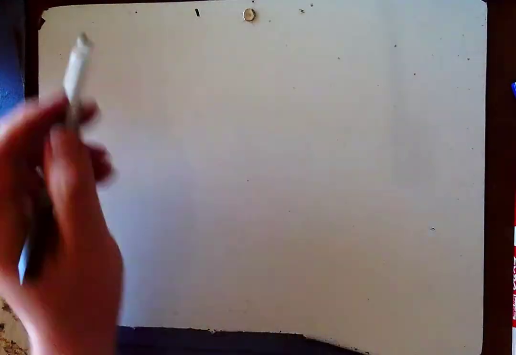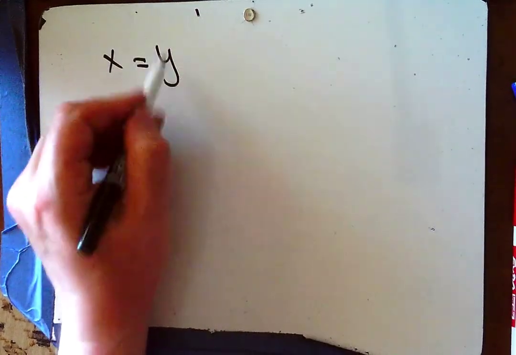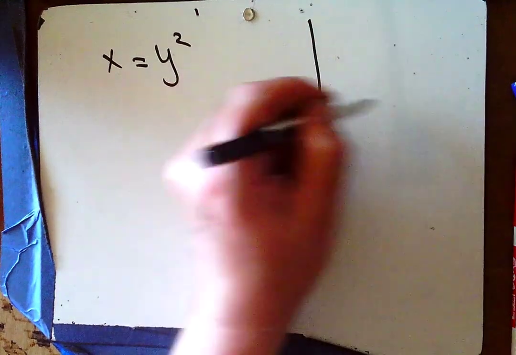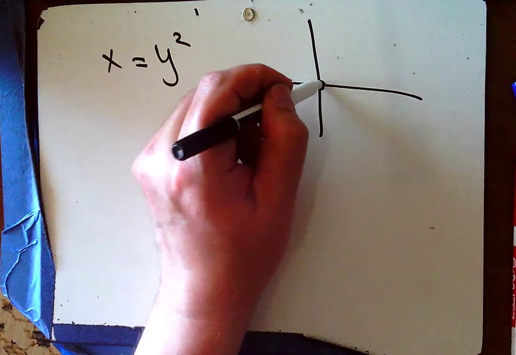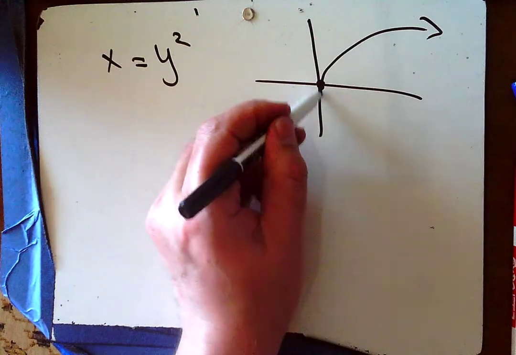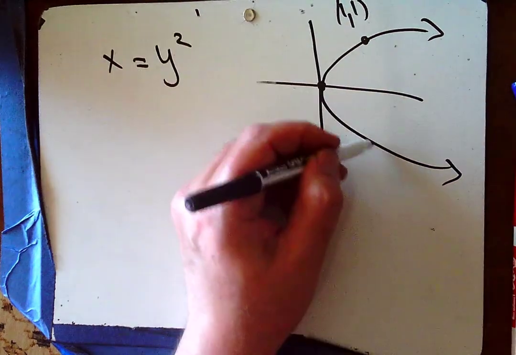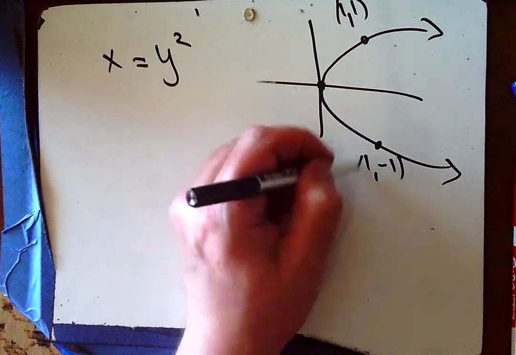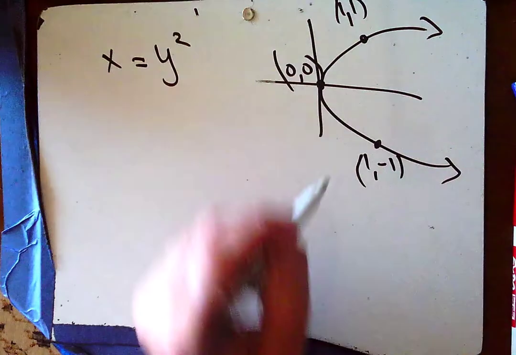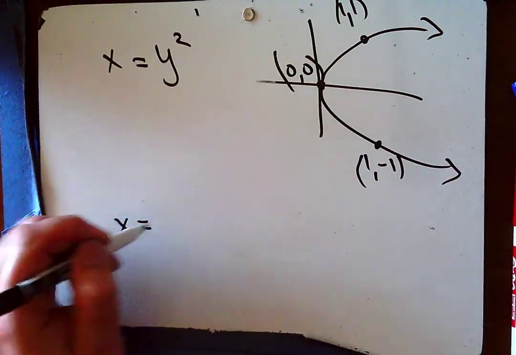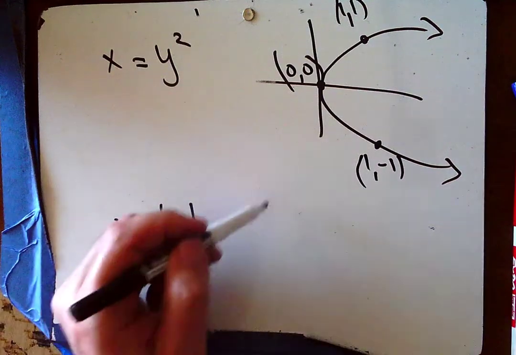Okay, now here's the other one that I think you should be more comfortable with. X equals y squared. So what's that look like? Well, it looks like a parabola that's fallen over. And it passes through 1, 1, 1, -1, and 0, 0. In fact, while we're talking about this one, we might also want to include x equals absolute value of y.